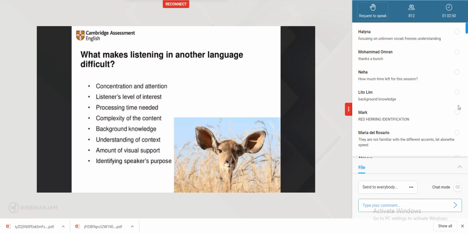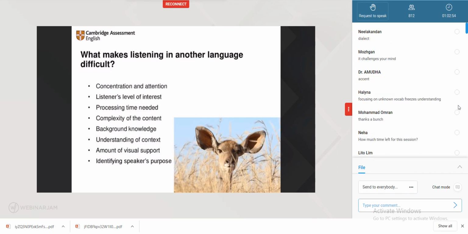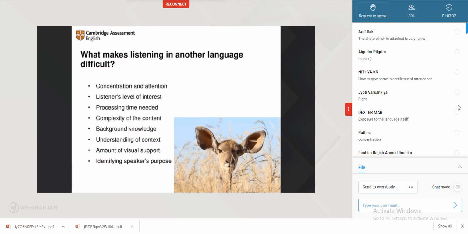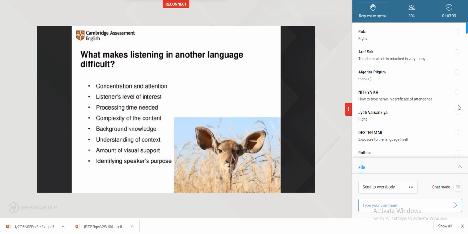We try to design our tasks so background knowledge is not necessary. Understanding of context, especially at much higher levels, not knowing the context can have quite a detrimental effect on your ability to understand what's going on. The amount of visual support, especially in lead-in tasks, within our exam papers as well, some tasks do still have visual support even at C1, I think, and identifying the speaker's purpose.